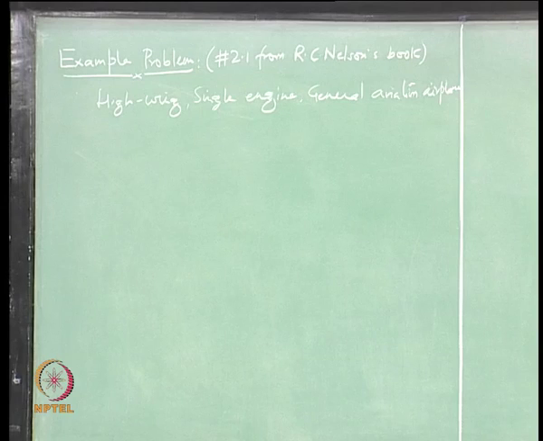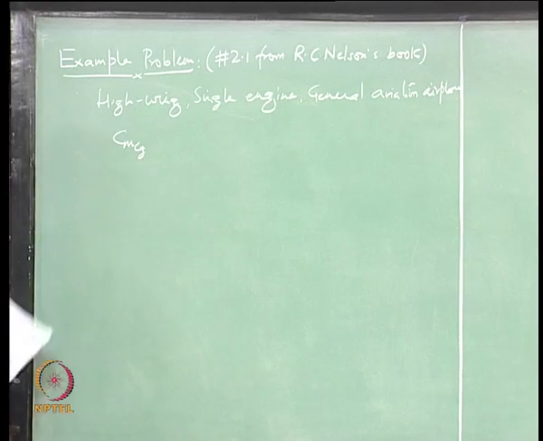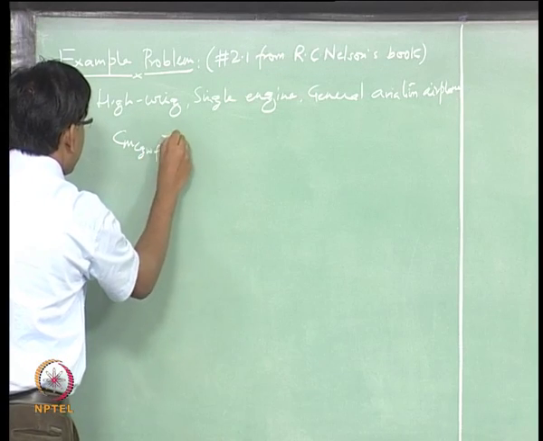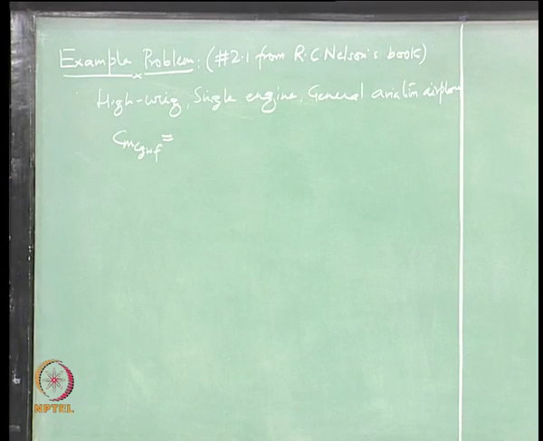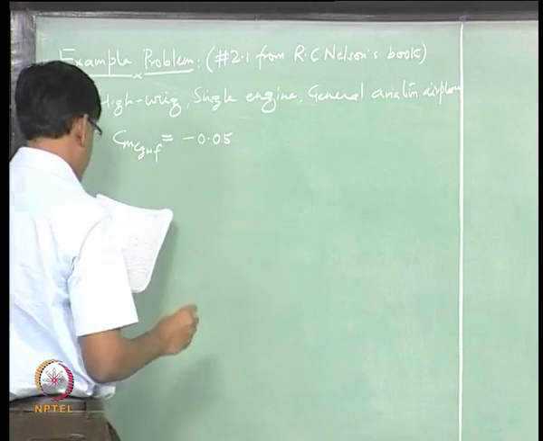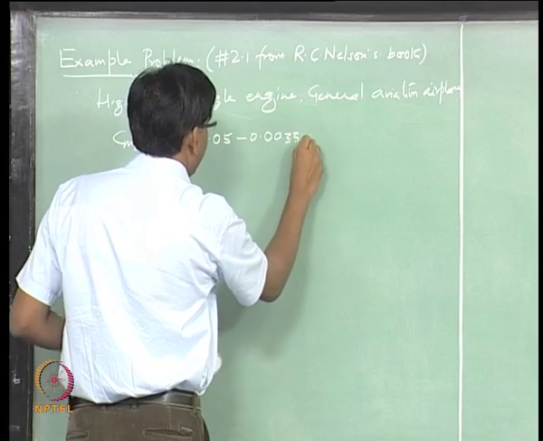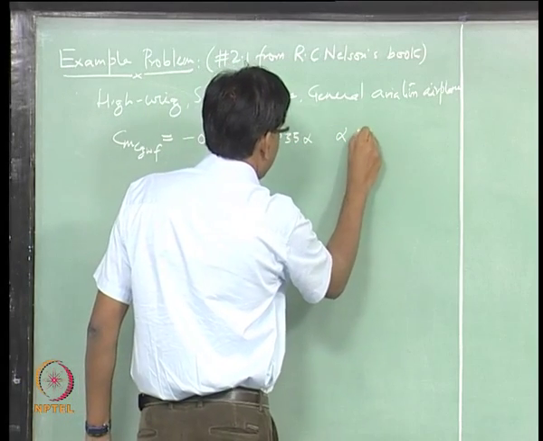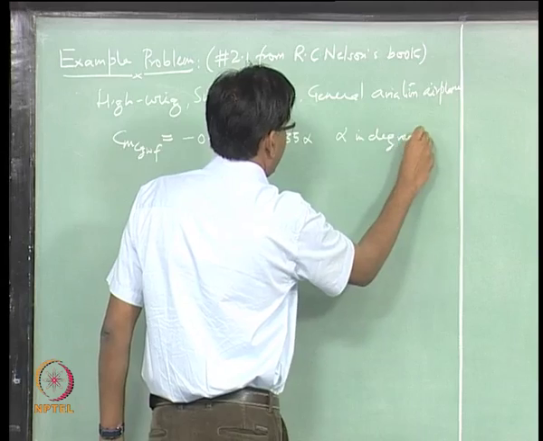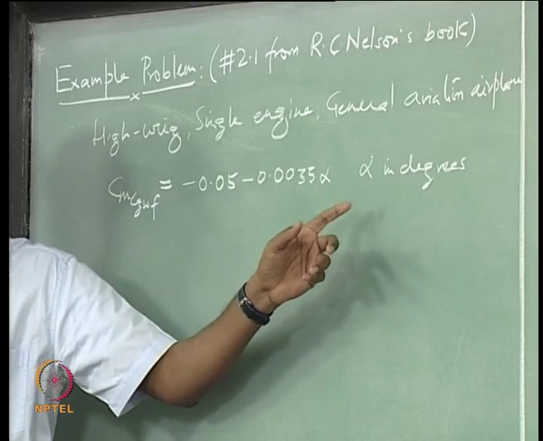Okay. What we have been given is CMCG for the wing fuselage combination, okay, and that is, this alpha is alpha FRL. Okay.